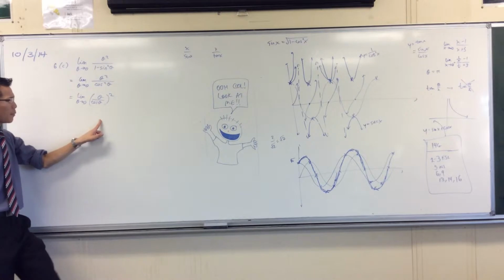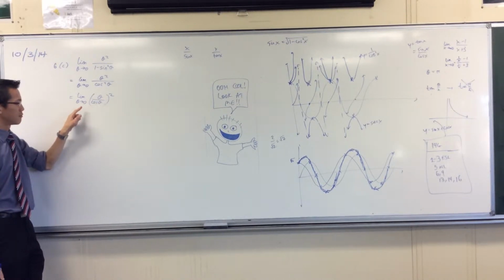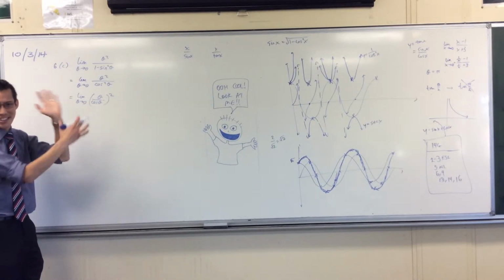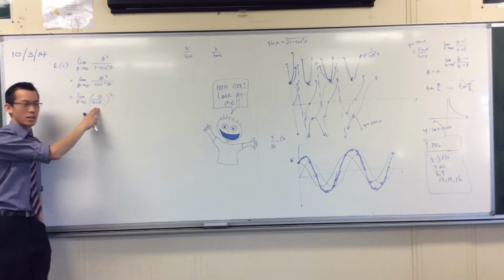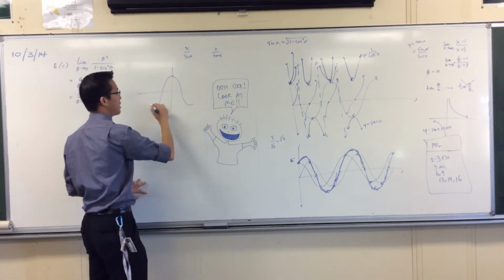Now, theta, as that approaches 0, theta becomes 0. That's okay, it's just theta on the top. Now what's happening to cos theta? Well, hold on. We know what happens to cos theta. There's cos theta.